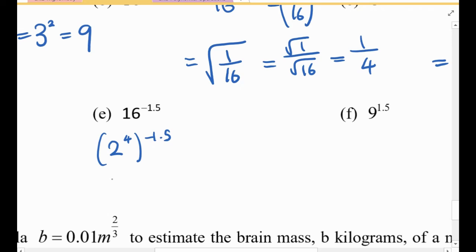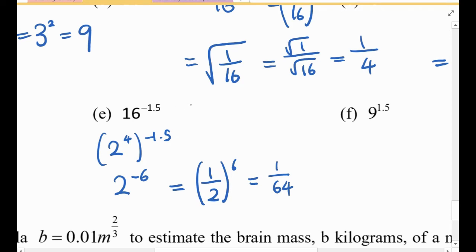Then 2 times 1.5 is 6. So that becomes 2 to the power of -6. Then we flip the base, make the exponent positive. Then 1/2 to the power of 6 is 1/64.